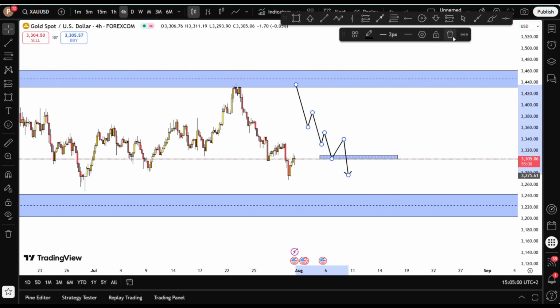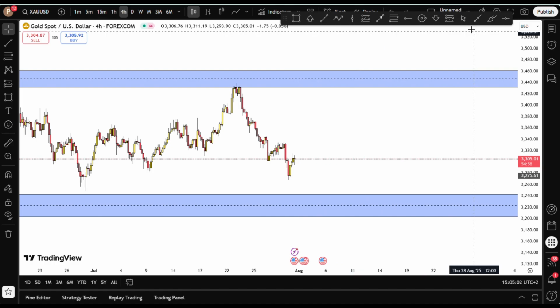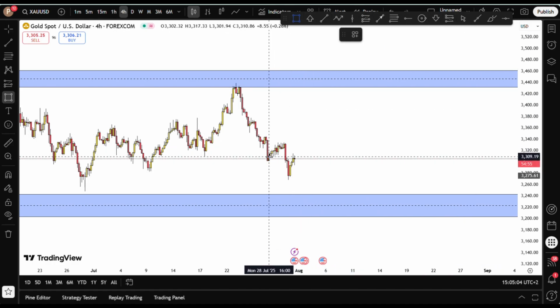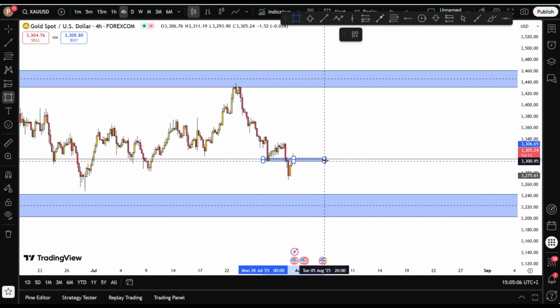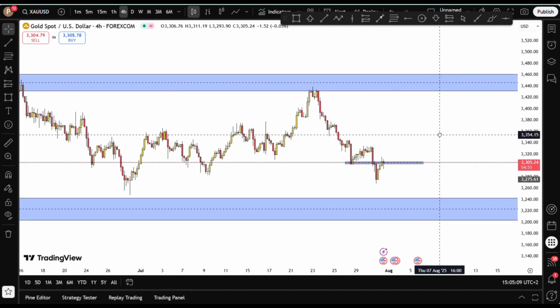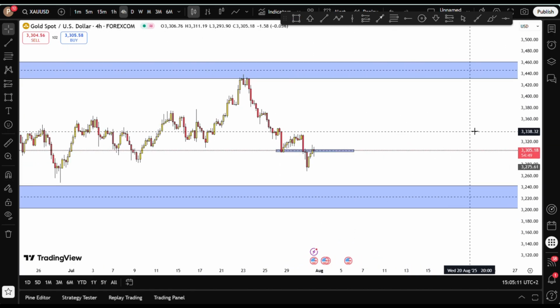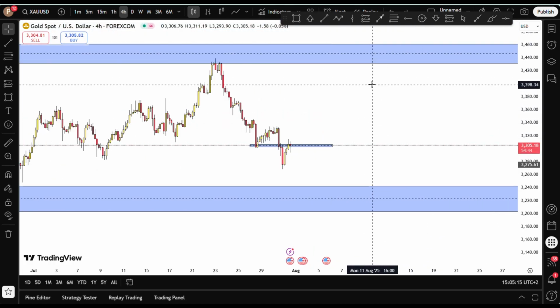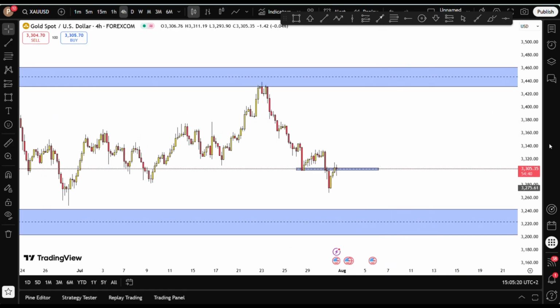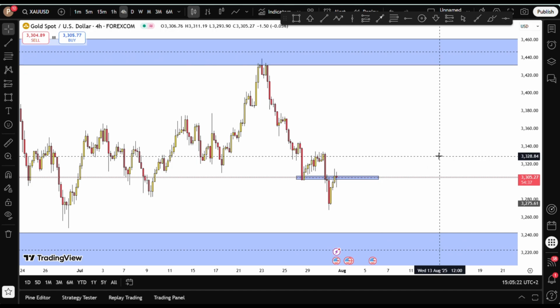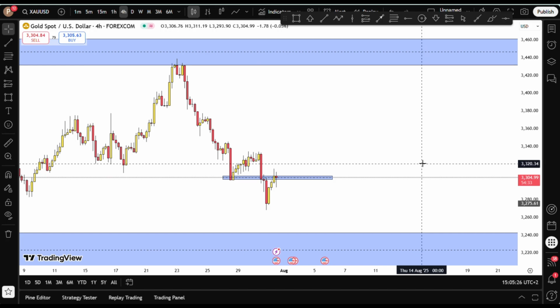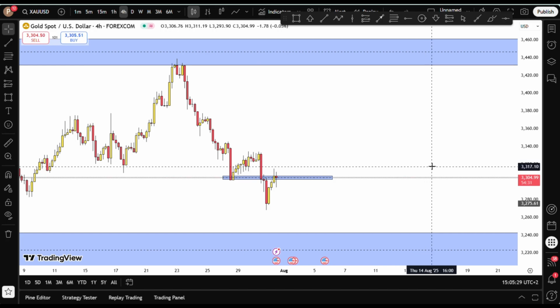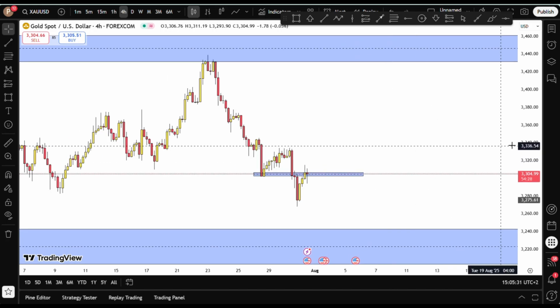Let me just do this. It would have to break and close above this zone here in order for me to say, okay, gold is now buying and it's changing trends. So it's changing from intraday bearish, meaning selling structure, to bullish structure, right?